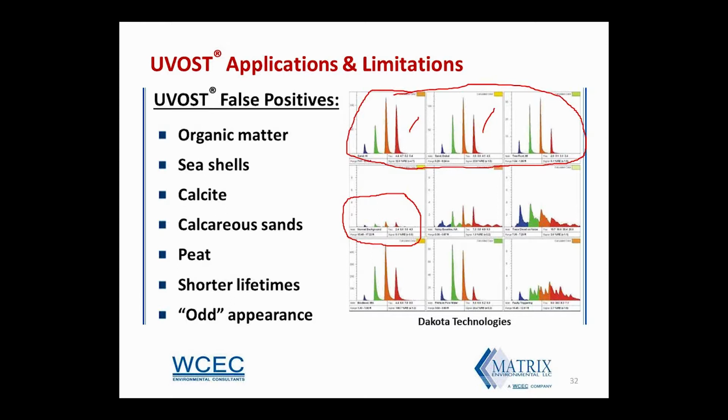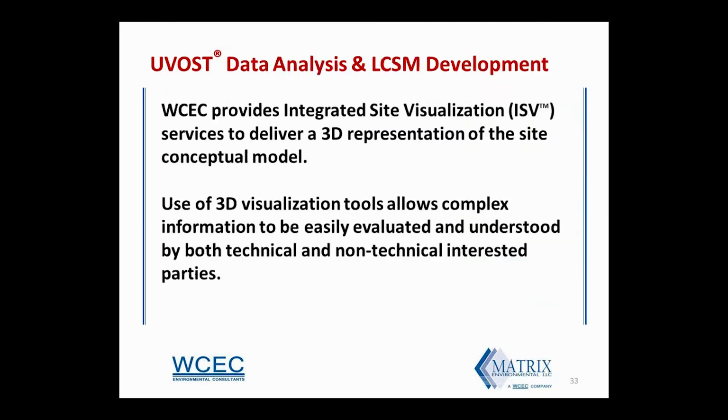And also, you may be able to tell here how many of these waveforms look distinctly different than those we showed you on our previous slides, where I listed the jet fuel and the gasoline and whatnot. But in cases where the differences between a false positive and actual LNAPL at a site may be more subtle, we'll turn to other lines of evidence and site knowledge to help us sort out the false positives from the true LNAPL responses.